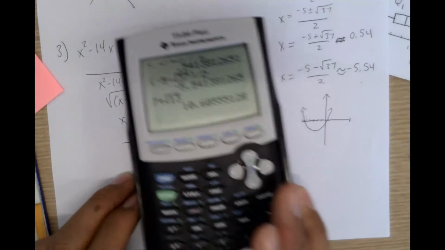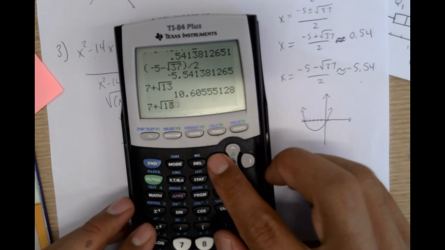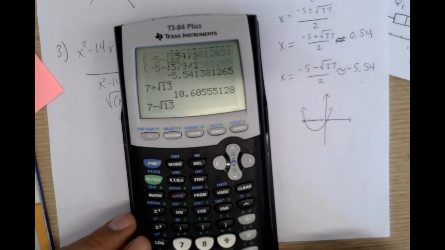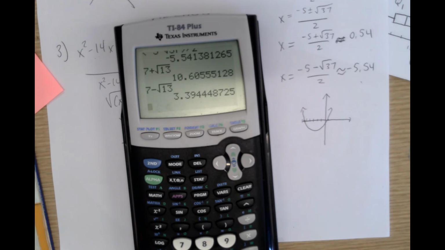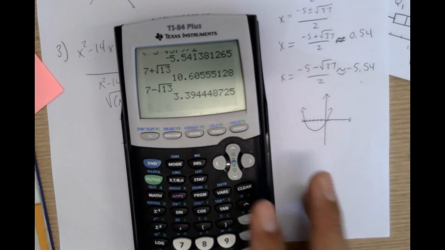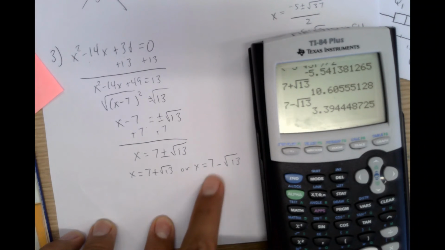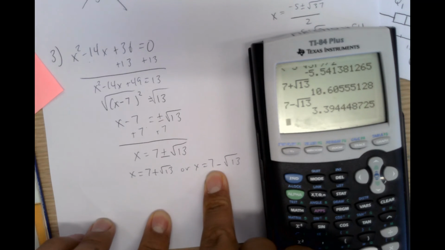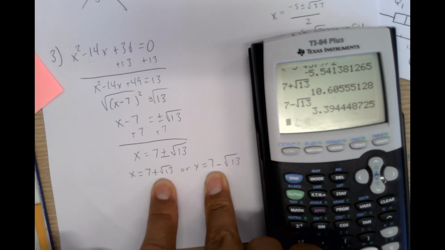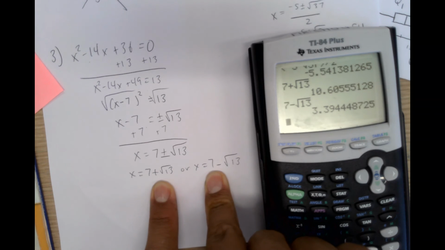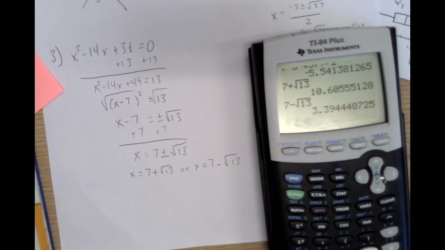And again, if I did the other one and I subtracted, then you could see here that my other answer is about 3.4, and the one on the left is about 10.6. Okay? So again, they're real answers, they just look really crazy. The reason we leave them in those forms is so we don't have to round the answers, because it's even more accurate to say the other parts.